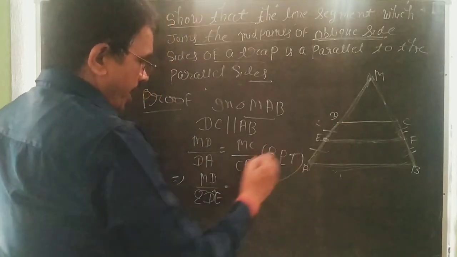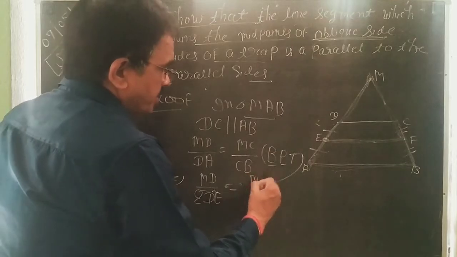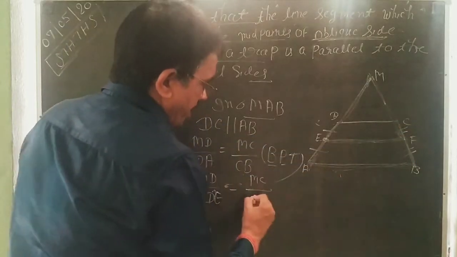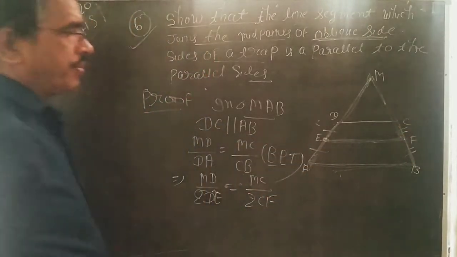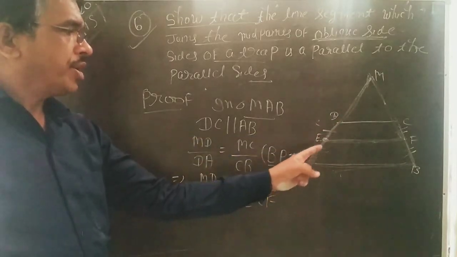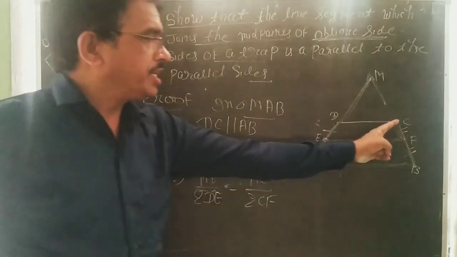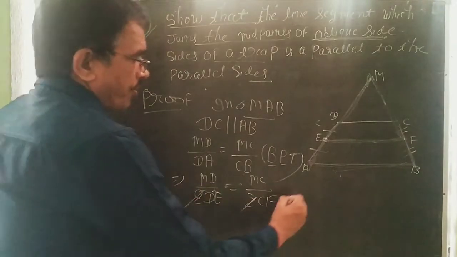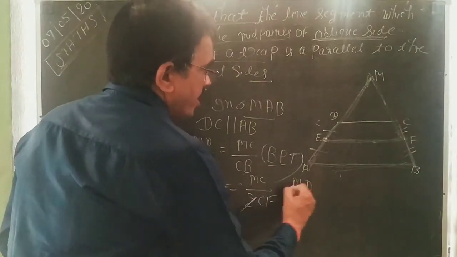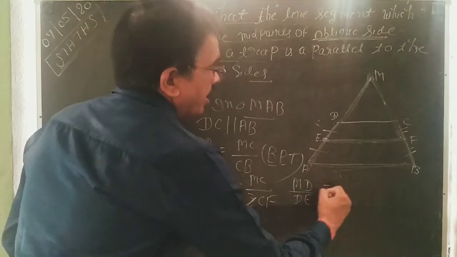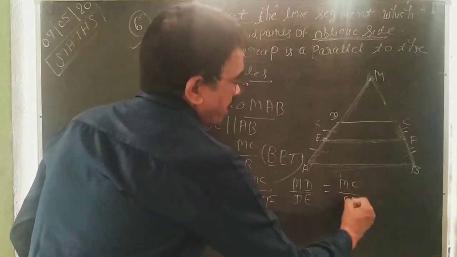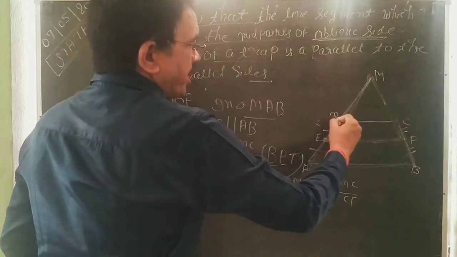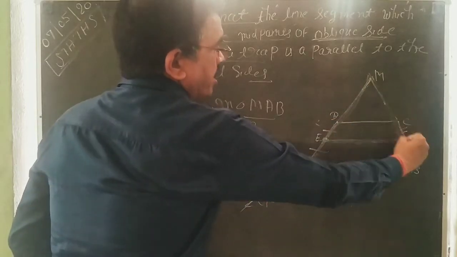So DA you can write 2DE and CB you can write 2CF. Dear student, DA you can write 2DE, CB you can write 2CF, 2 cancel. So what do you have? You have MD by DE is equal to MC by CF.